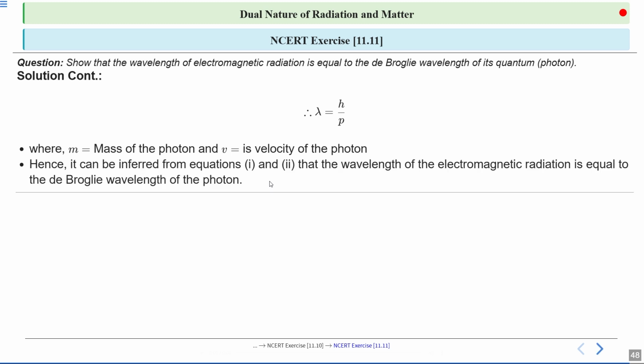So it can be inferred from the first and second equations that the wavelength of the electromagnetic radiation is equal to the de Broglie wavelength of the photon. This result beautifully demonstrates the dual nature of light, showing it behaves both as a wave and particle.